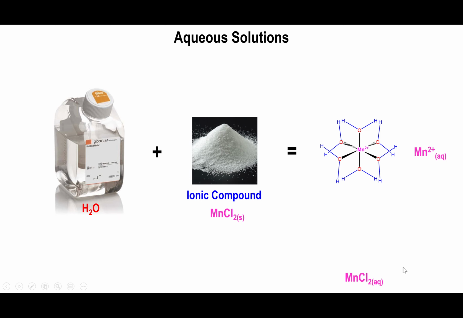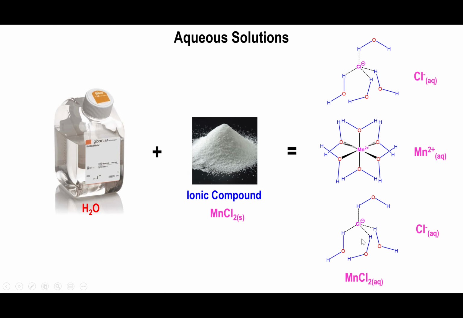But the reality of it is that the ions get separated as the interaction with water commences. Here you can see the cation, the manganese(II) 2+ cation, interacting with water molecules, creating what we call coordinate covalent bonds. This whole structure is simplified by just writing the ion, the metal with its charge, and the AQ symbol.